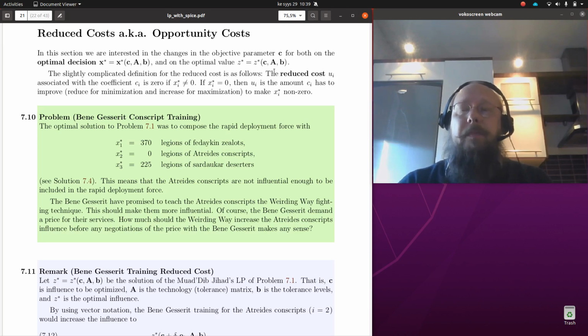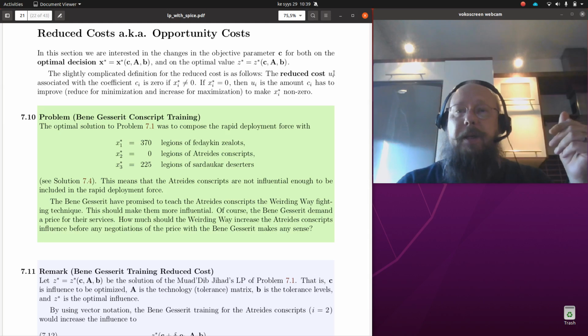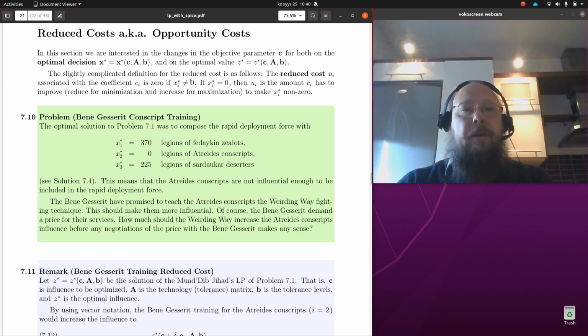So here is the definition. The reduced cost u_i, so u is a typical notation for it. The shadow prices were lambdas, and these are u's. So u_i is the reduced cost associated with the coefficient c_i. And now there are two important cases.